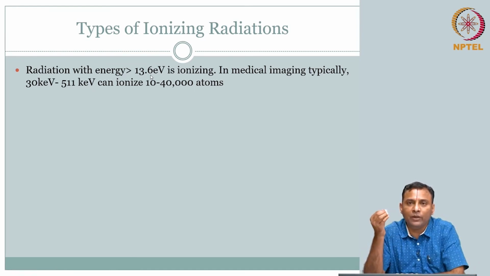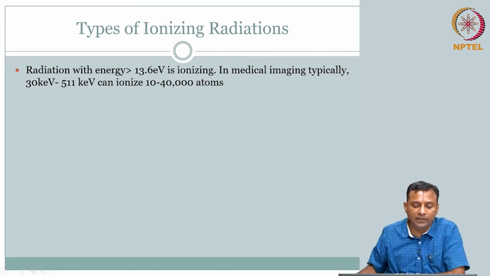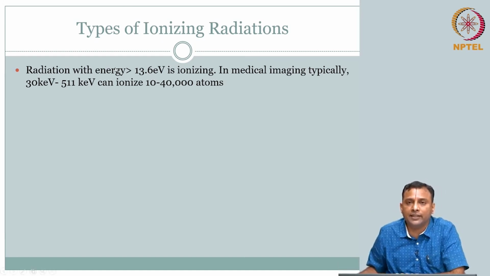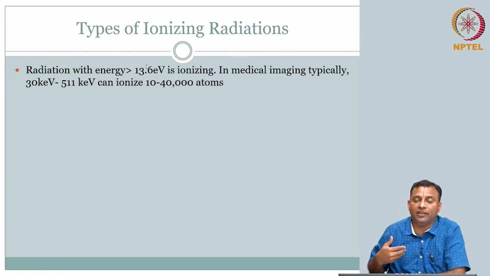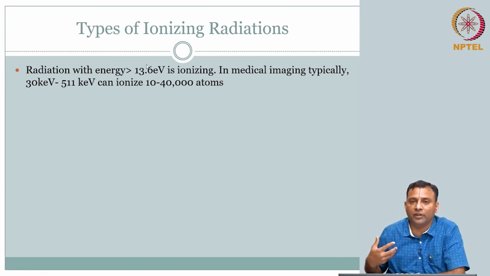What energy is needed for ionization depends on the material you are talking about. 13.6 electron volt cannot ionize tungsten, but it can ionize our hydrogen, which is what we are composed of, a lot of hydrogen.